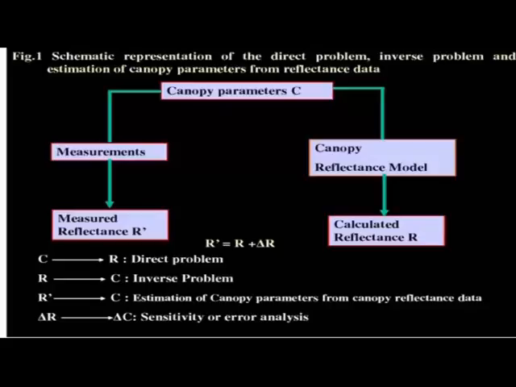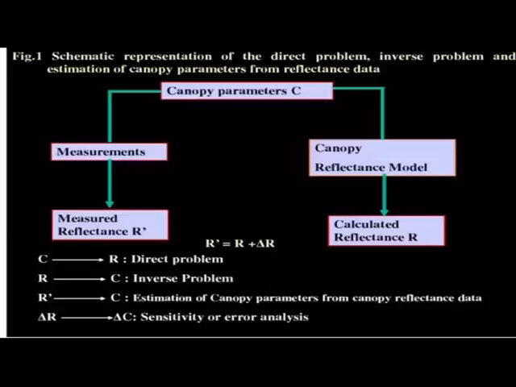Now, once I have developed this model, once I have optimized the model, once sensitivity analysis is done by making this del R equal to 0, now I can invert this model. If I have the measured spectra, then I can invert this model to know what is my parameter which I am looking for. Maybe leaf area index, maybe water content, maybe chlorophyll.